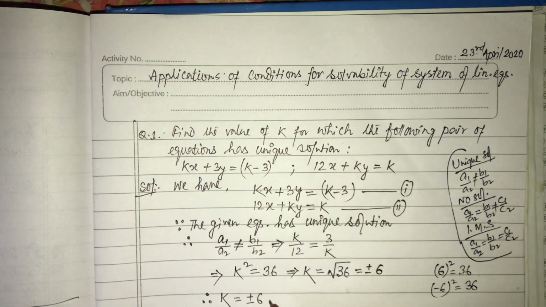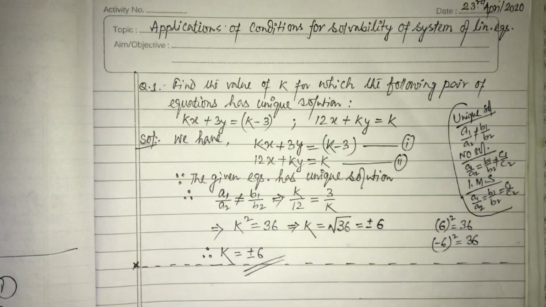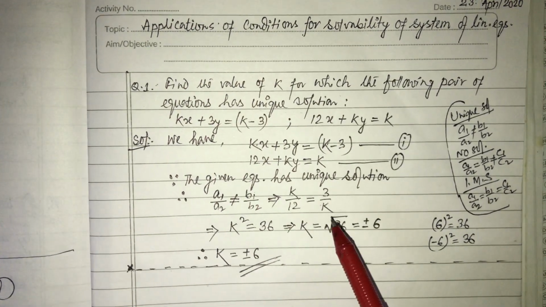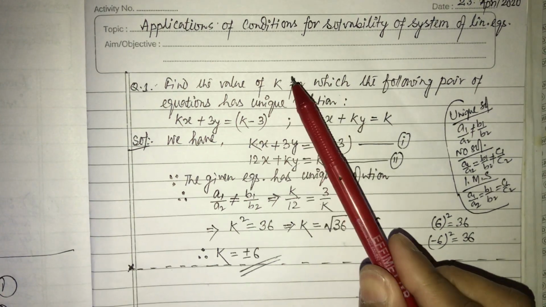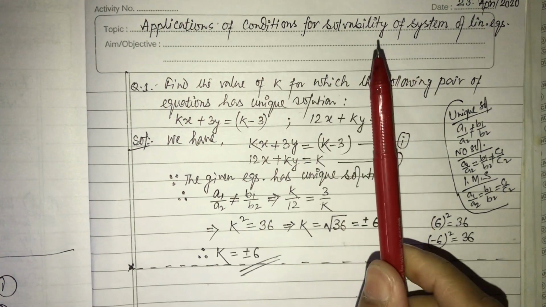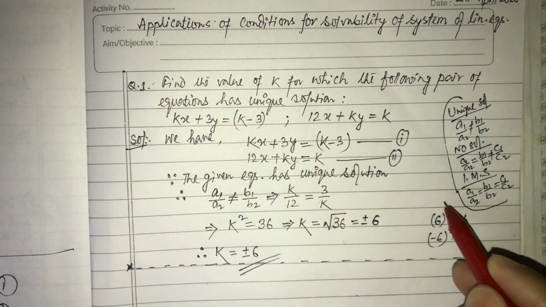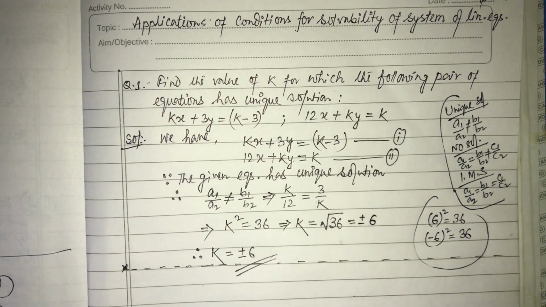Simple. This is how we find the unknown value k using conditions of solvability. A simple type of question they will ask, and this is how we find it out. Now let's move on to the next question of a similar type.